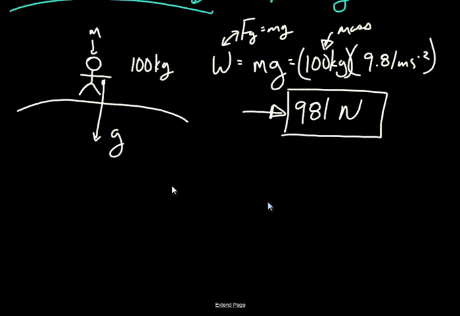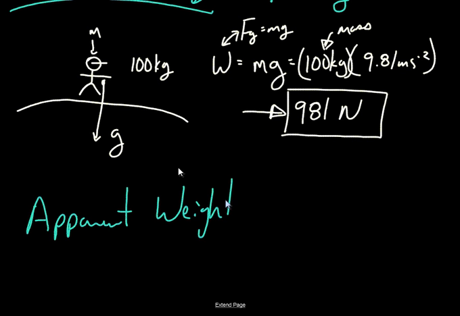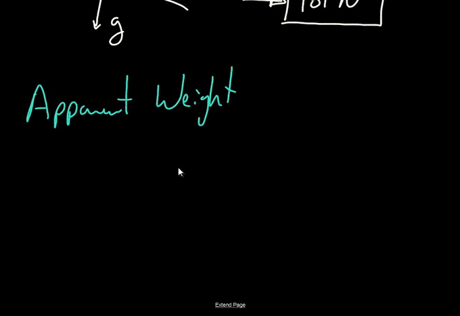So far, so good? Now, when we're talking in everyday life about weight, I have a weight of this or I have a weight of that, actually what we're talking about is something called apparent weight. So let's think about this person, or a similar person. We'll draw another picture to talk about this. Here's the surface of Earth.